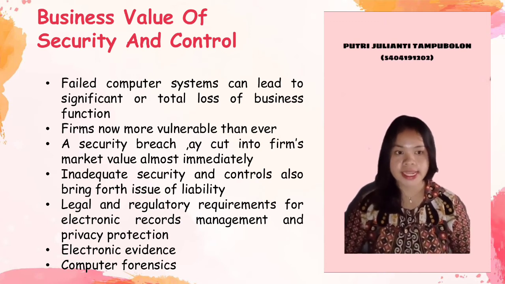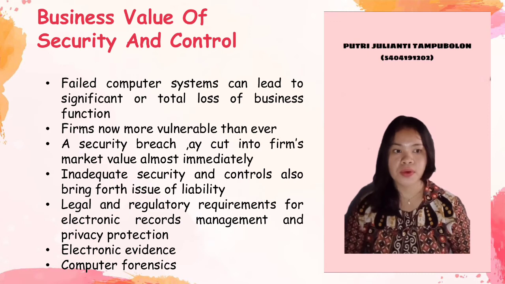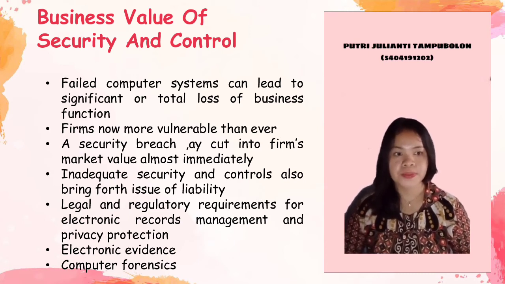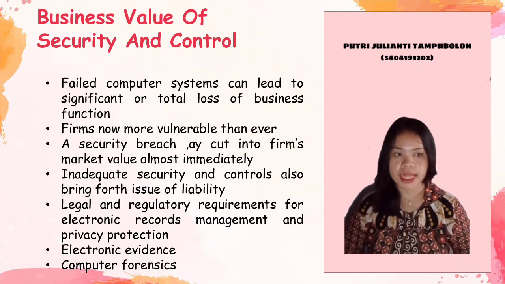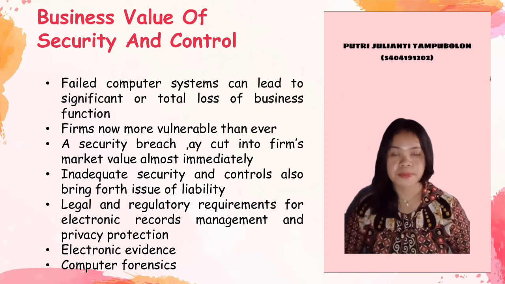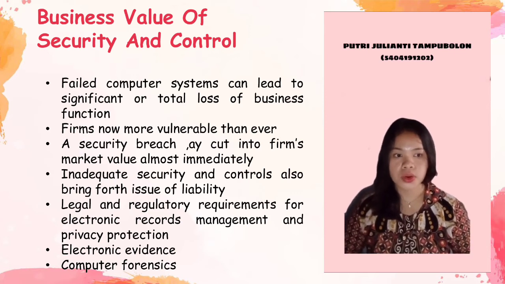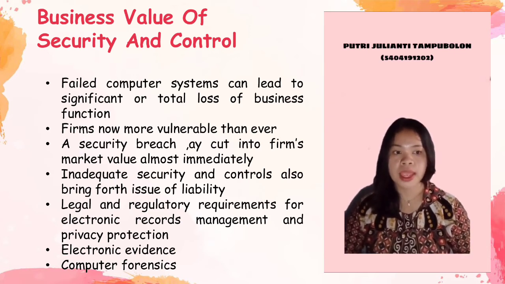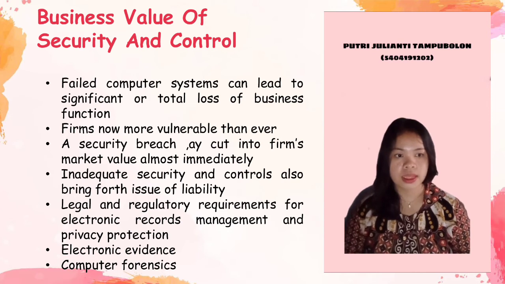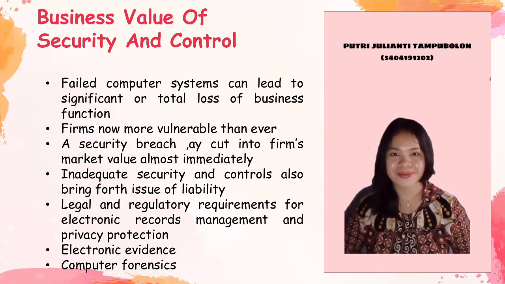Next, electronic evidence. The first, evidence for white-collar crime is often in digital form: data on computers, email, instant messages, e-commerce transactions. The second, proper control of data can save time and money when responding to legal discovery requests.